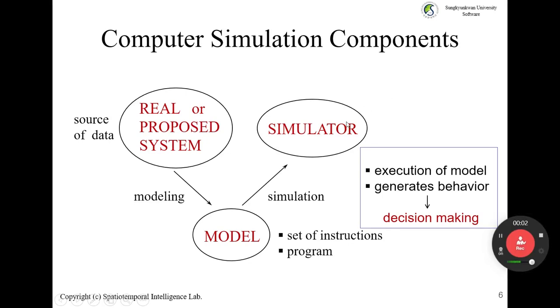This figure shows how computer simulation is composed. That means what the components are within a computer simulation system. There are three components. This is the target system.